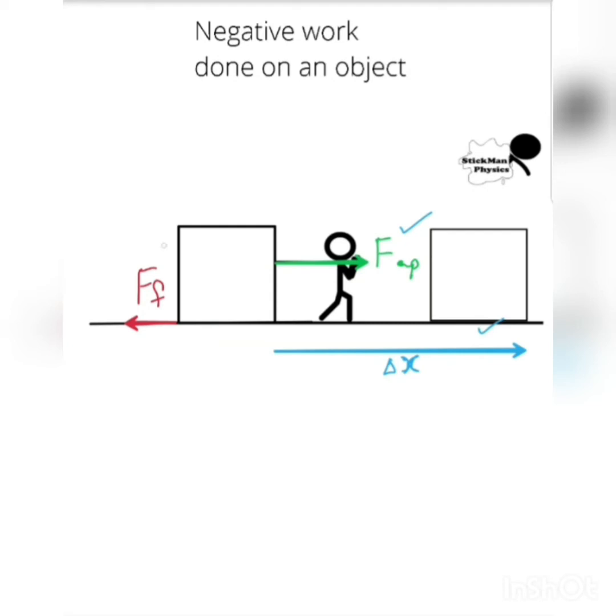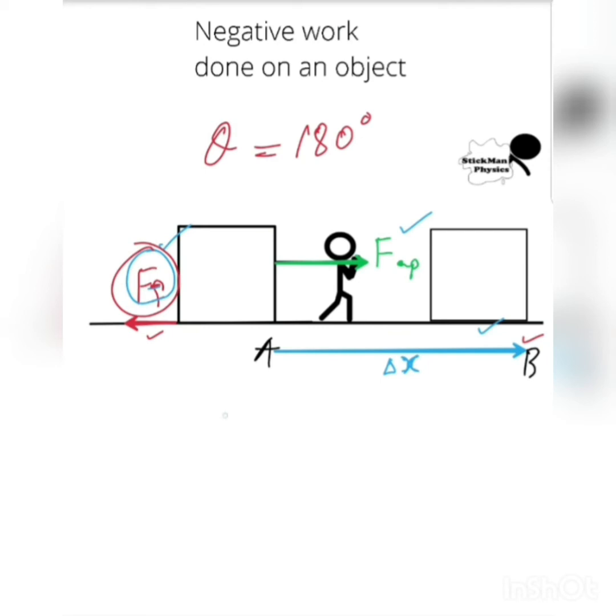However, if you have any force, for example in this case a frictional force, which is acting on this object as it moves through the displacement from A to B, as that object experiences the frictional force, we can clearly see that the frictional force is in the opposite direction of the displacement, and as a result the angle between the applied force and the displacement is going to be 180 degrees.